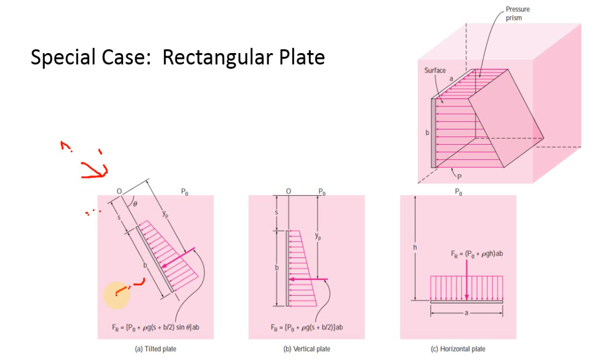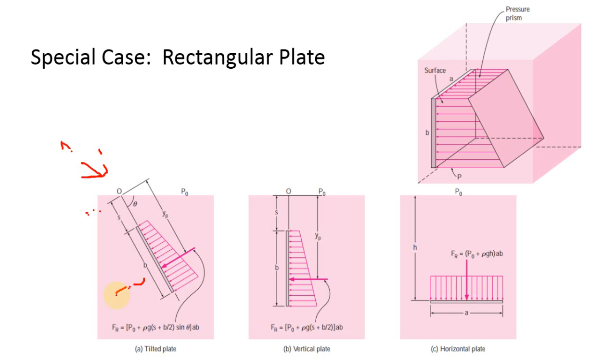It increases as you go down, and you have theta, you have the S, which is the level at which the plate starts from the surface, and you have B and A being the dimensions of the rectangular plate.